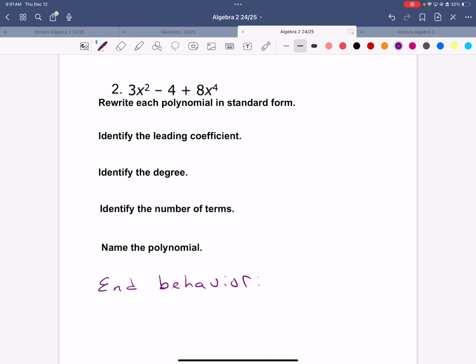So lots to do within this one problem, and you're going to have to do these 6 things with your assignment. I'll give you about 30 more seconds.